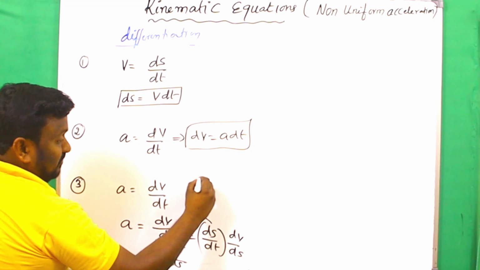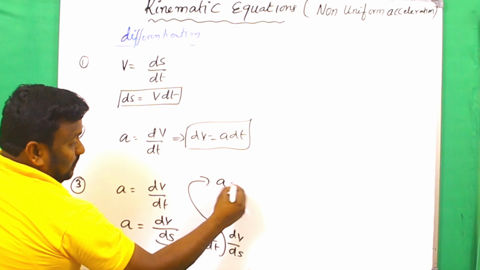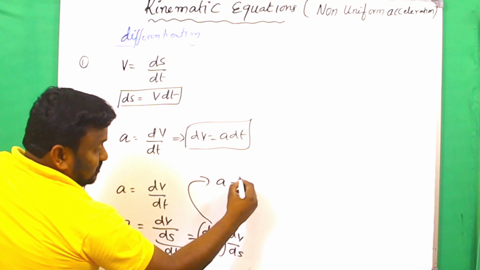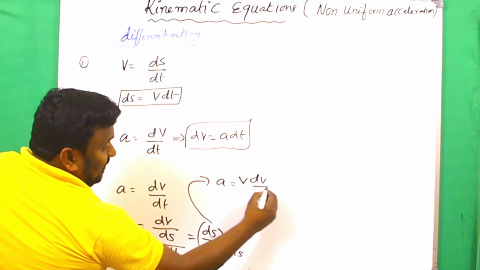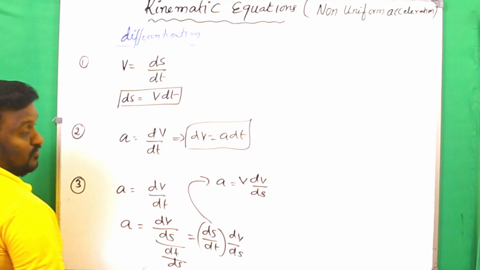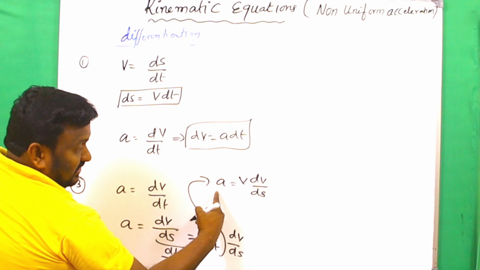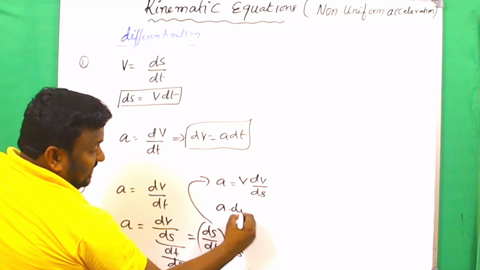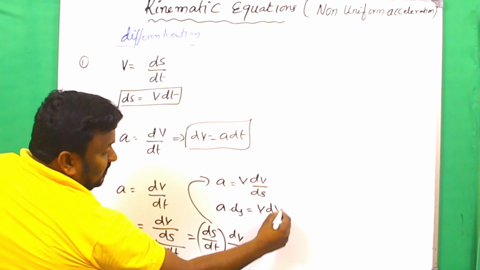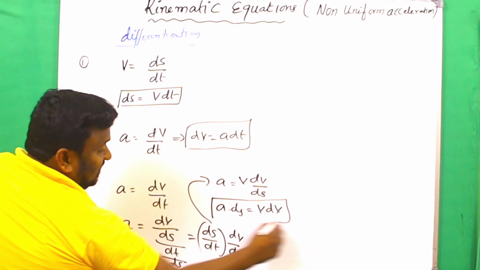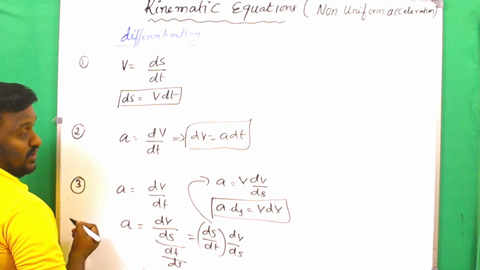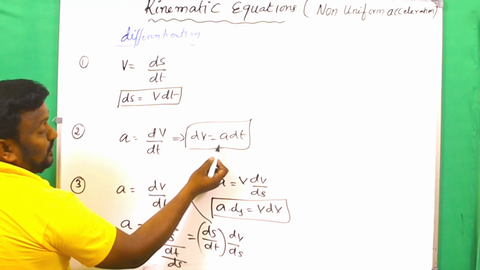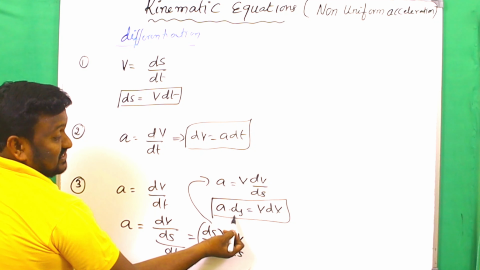Then a is equal to ds by dt, which means v, into dv by ds. So a is equal to v into dv by ds. Therefore a into ds is equal to v into dv. So this is another equation in the case of differentiation: ds is equal to v into dt, dv is equal to a into dt, and a ds is equal to v dv.